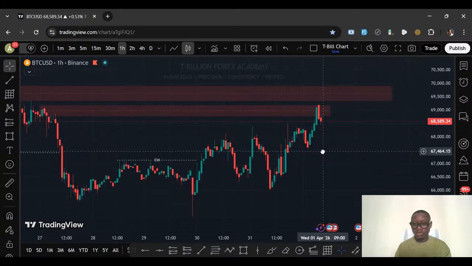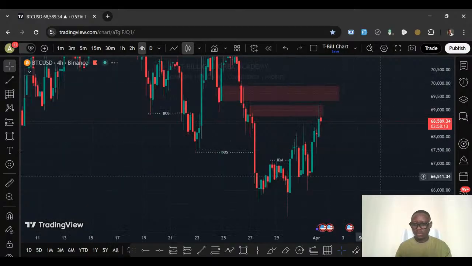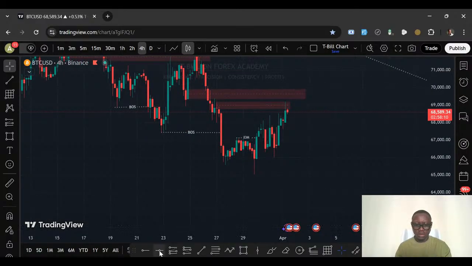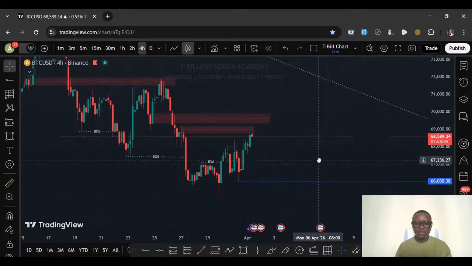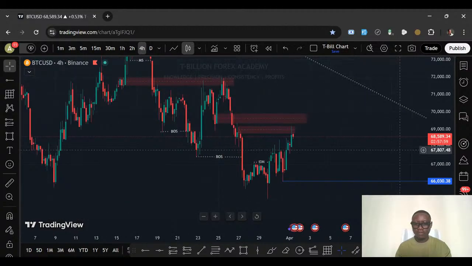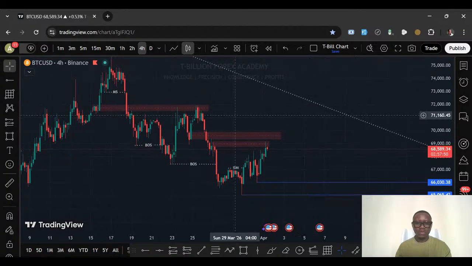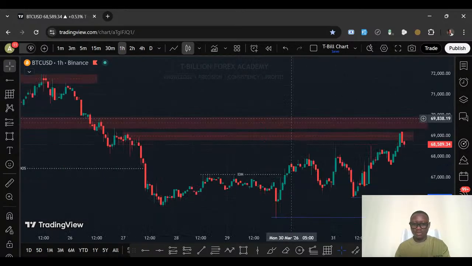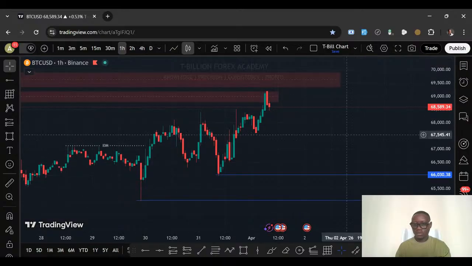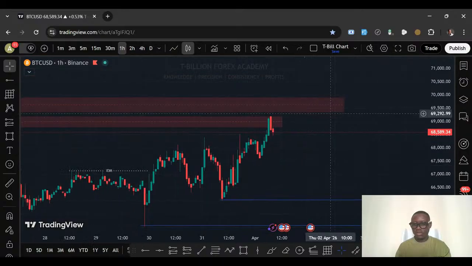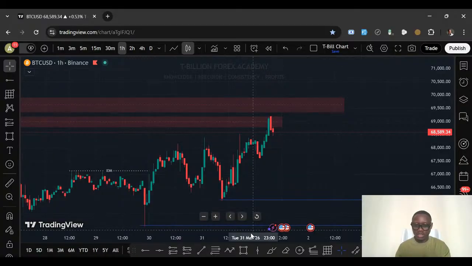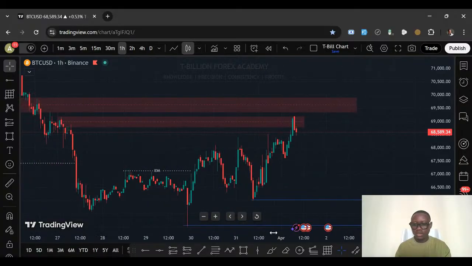If I get my confirmation right here, taking my profits right here. So let's just work with that with the first one for TP, considering the fact that BTC could potentially go bullish.